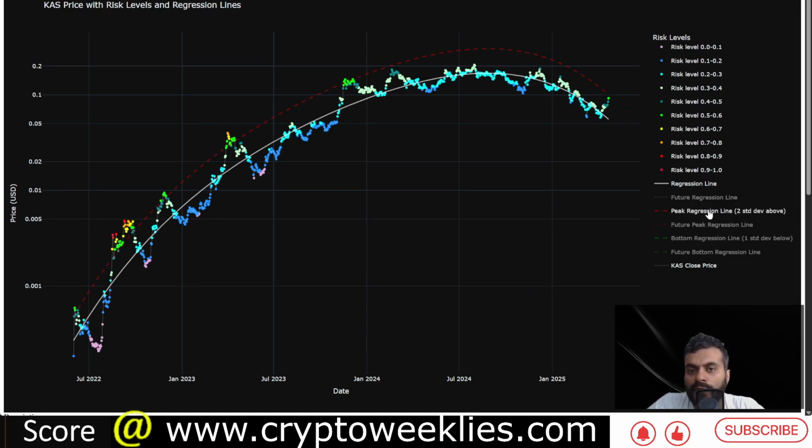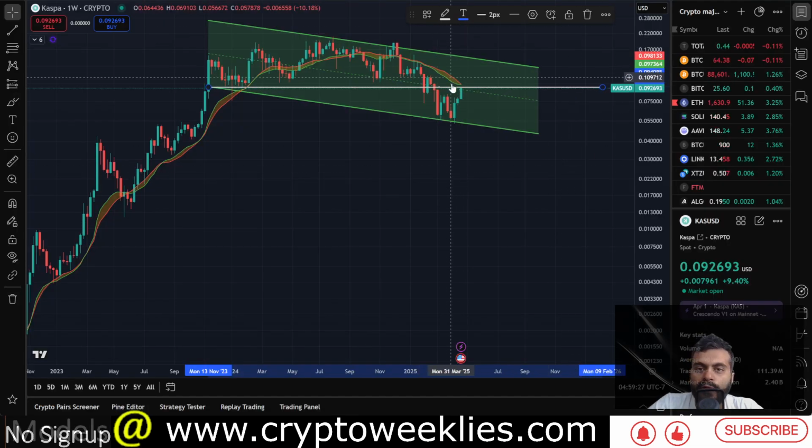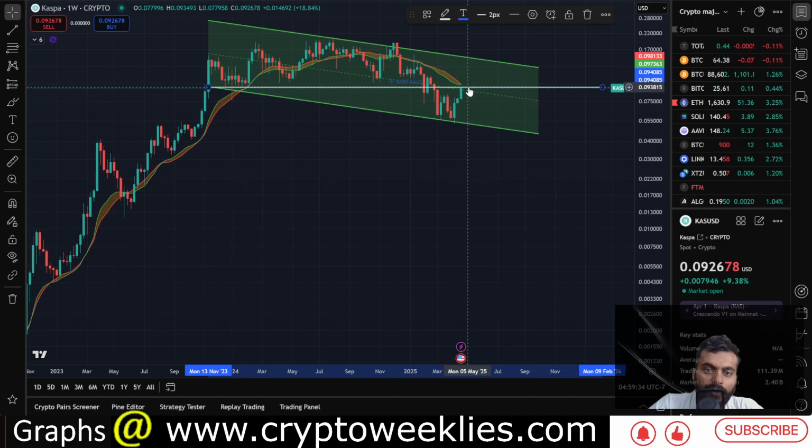If they were to go to the dotted red line, that is coming in at around 10.5 cents, highlighting the key areas of resistance potentially at those levels, and the need to break out of the 20-week simple moving and 21-week exponential moving average, and this support that could potentially act as a resistance in this upcoming rally.